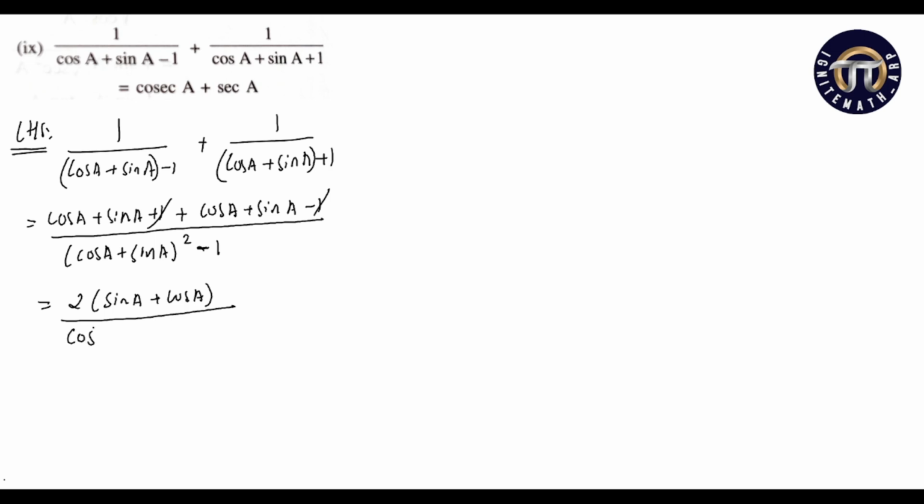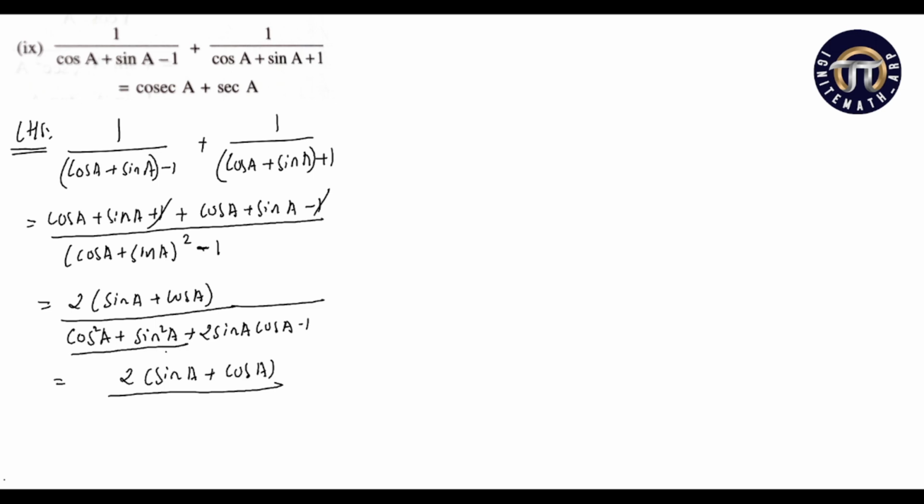So I get this as cos square a plus sin square a plus 2 sin a cos a minus 1. So numerator I'm going to keep as it is, 2 sin a plus cos a, divided by, see, this cos square a plus sin square a can be written as 1 plus 2 sin a cos a minus 1.